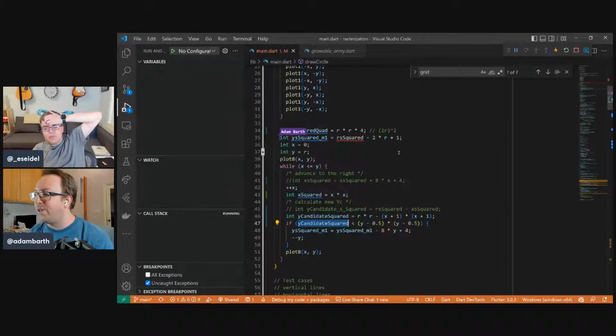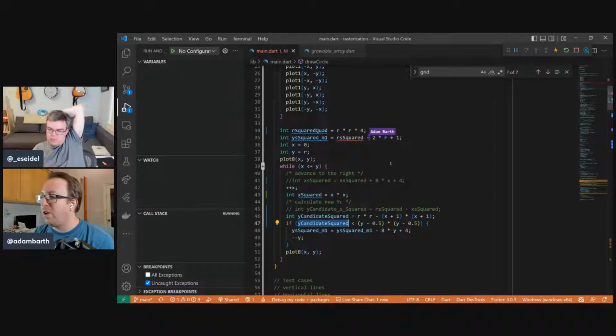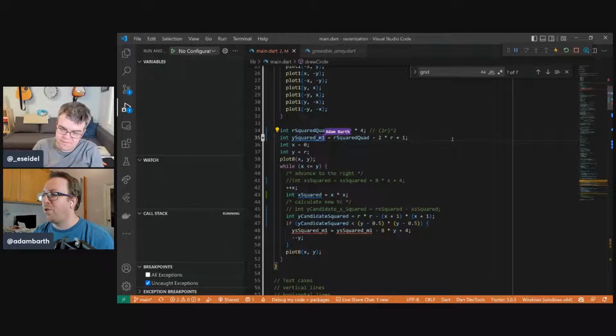So then what is this? This is r squared in quad land, minus, this is the negative 0.5. Oh, this is the negative 0.5. And this is the plus 1/4. This is r squared threshold. So this is threshold in quad land.